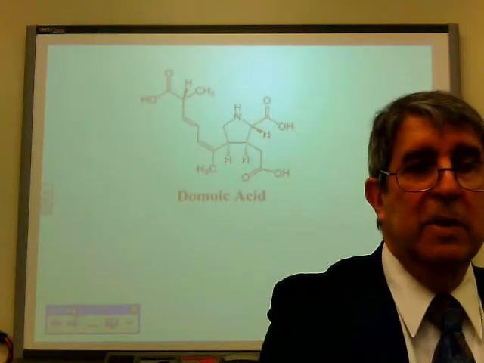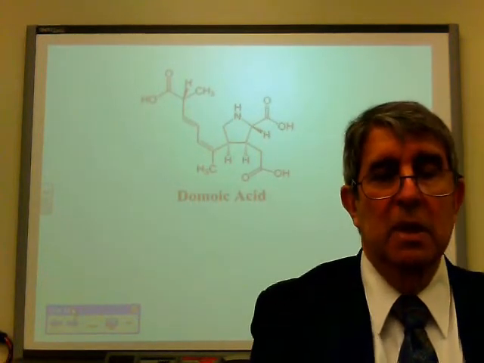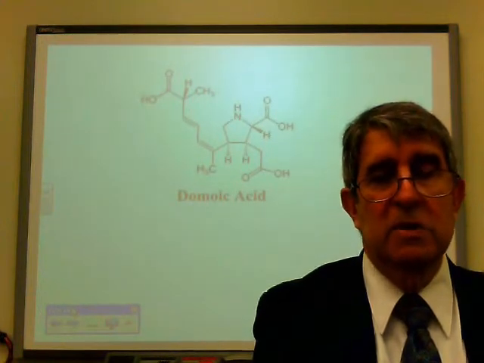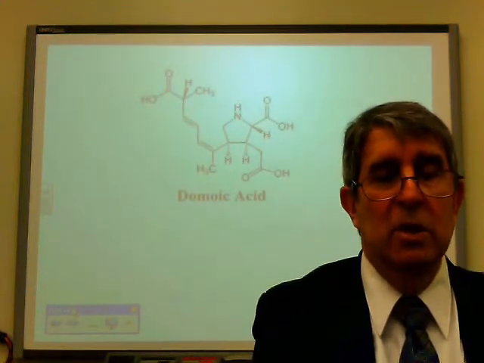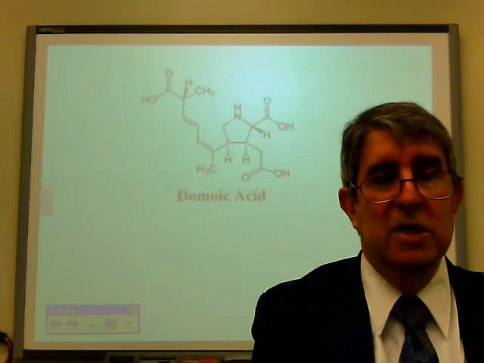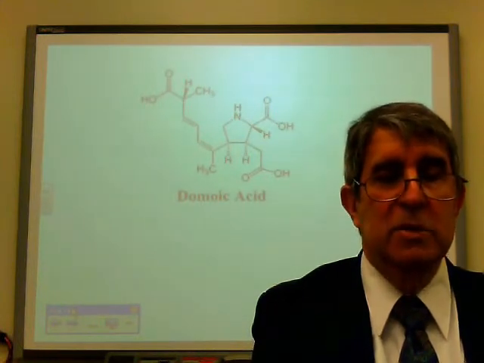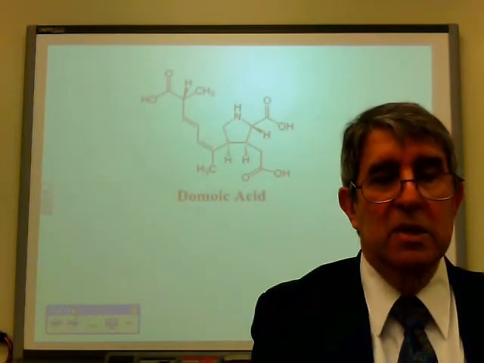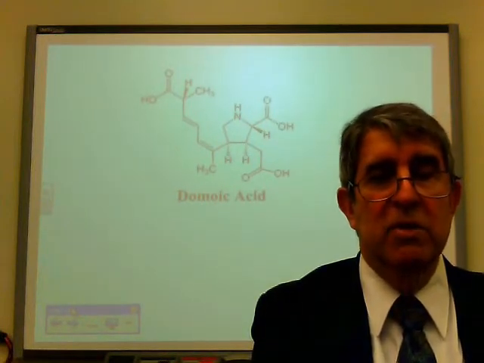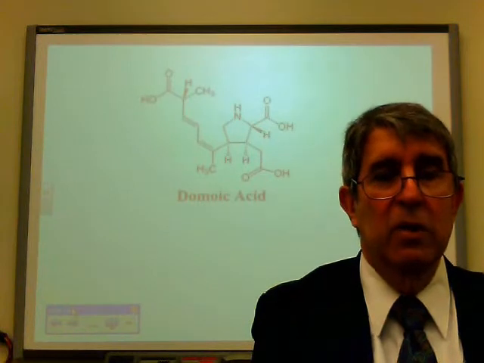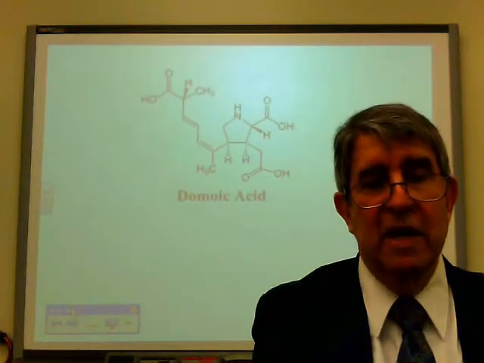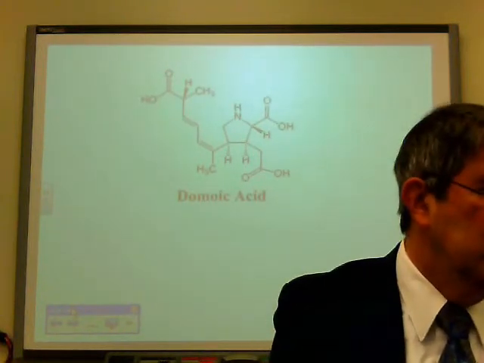So if a ship picks up water where some of these microorganisms are located, and then deposits that water in another port where conditions are much more favorable, there might be more micronutrients there, and it's much more favorable for growth of the cyanobacteria or dinoflagellates, then you can get a bloom occurring.